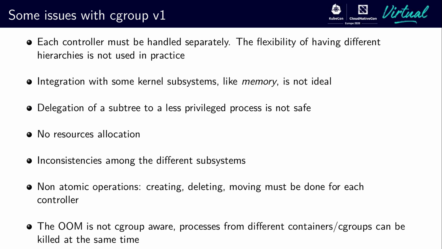So what happens is that processes from different containers can be terminated, leaving these containers in a broken state, since some processes are terminated but some others are left running.